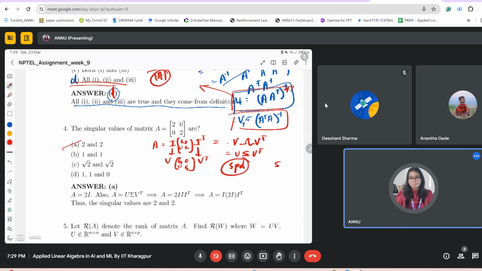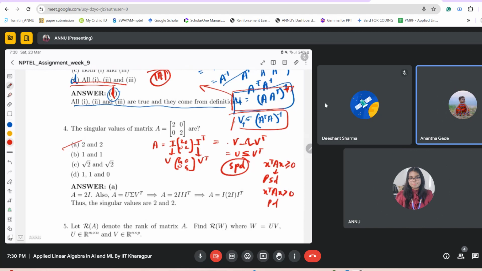Semi-definite means the equal sign will come, because if it is associated with x transpose x, it equals 0 for positive semi-definite. If it is definite, then greater than 0. But here we are talking about positive definite, not positive semi-definite. Means if the matrix is positive semi-definite, then this symmetry will not hold. We need to calculate, and then it is sigma square equals to lambda. In that case, the option C is true.